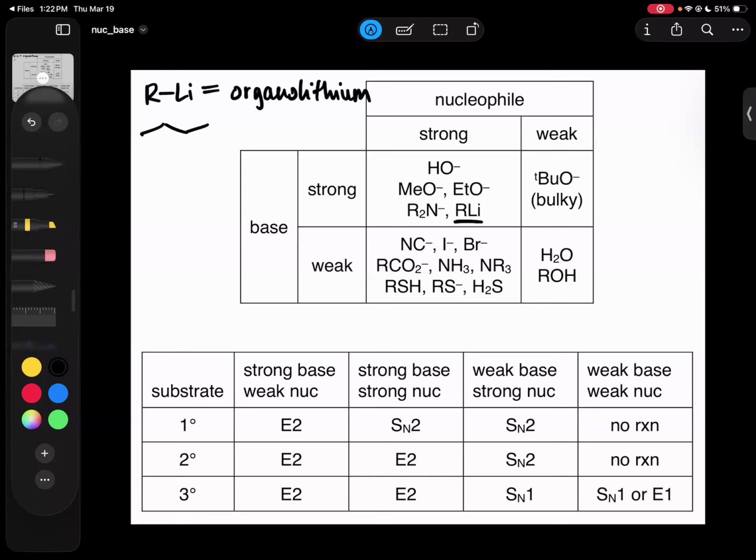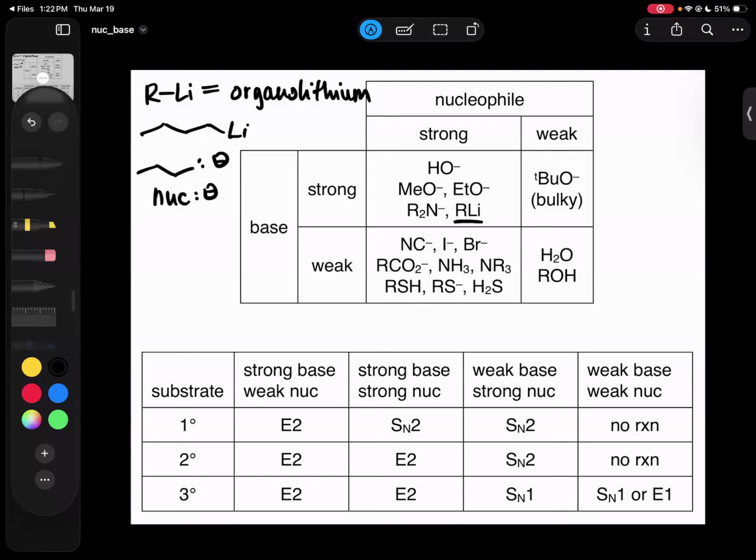Did I talk about butyllithium? Am I gaslighting myself? I don't know. If we have carbon bonded to lithium, it essentially functions as a carbanion. The lithium is a metal, so that bond is extremely polarized, to the point where it's essentially a carbanion. And that is our good nucleophile.